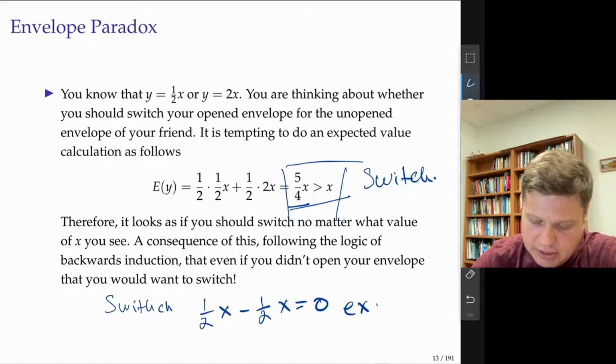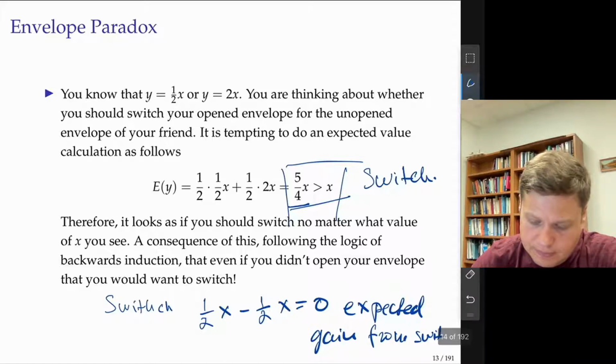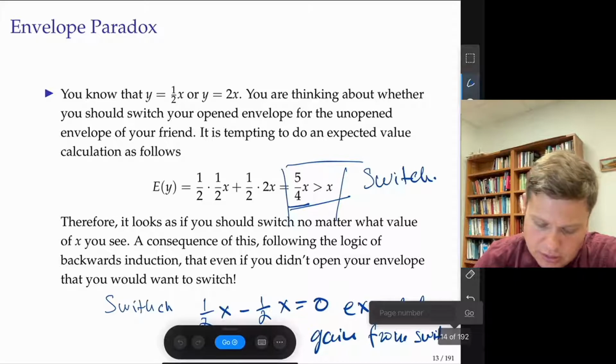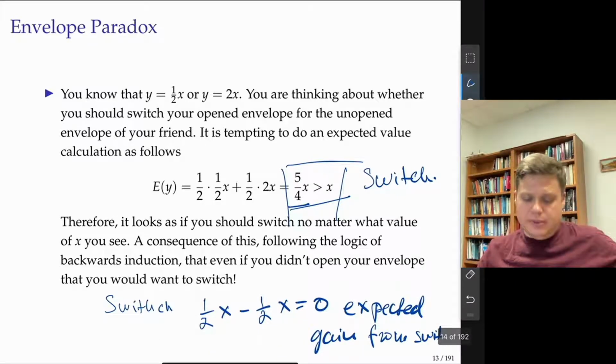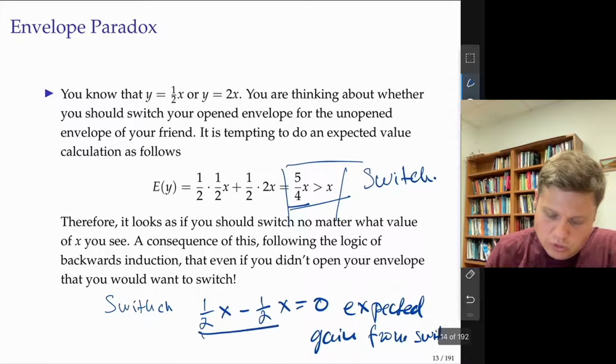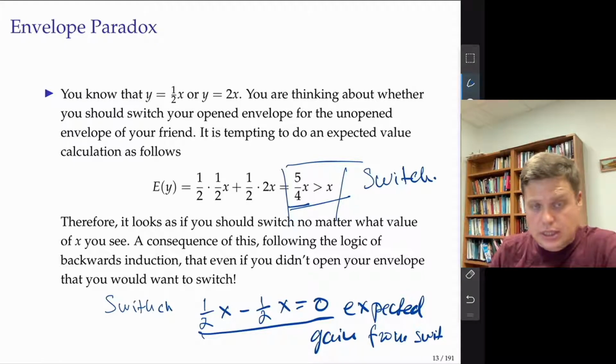So you can do these expectation calculations also and get a reasonable outcome.